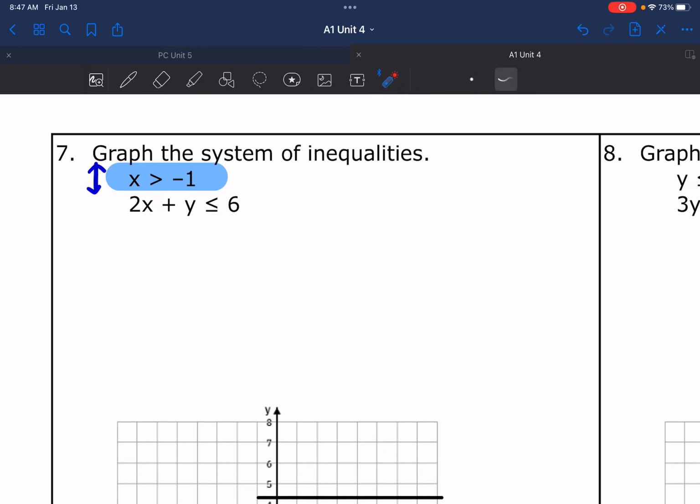So really all you're going to have to decide is, based on that symbol, do we use a dashed line or a solid line? So on this one, it's a dashed line. And do you need to shade above or below? It's a greater than symbol, so it would be above. But because this is a vertical line, above would be to the right side.